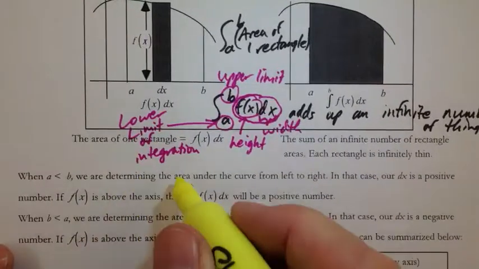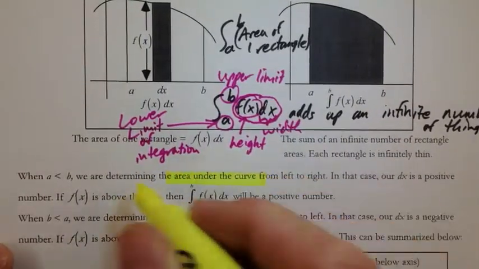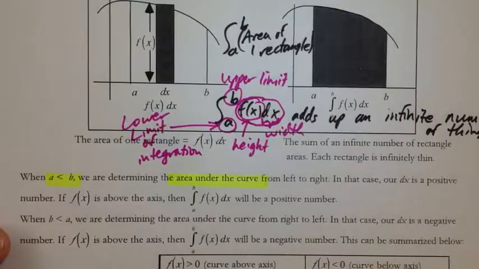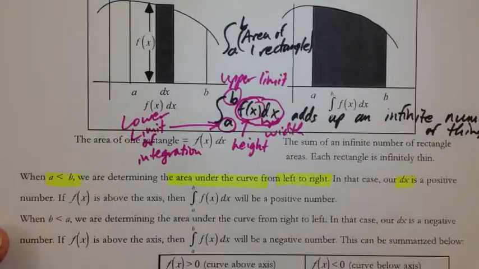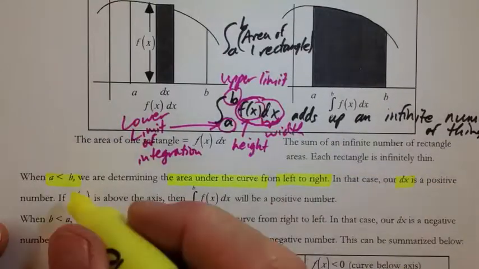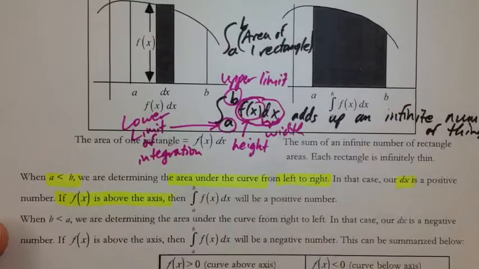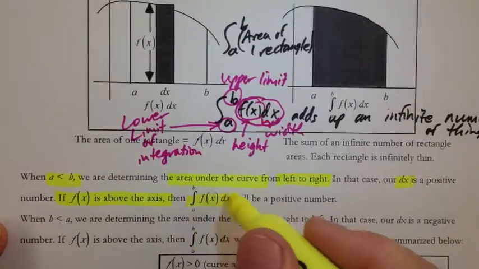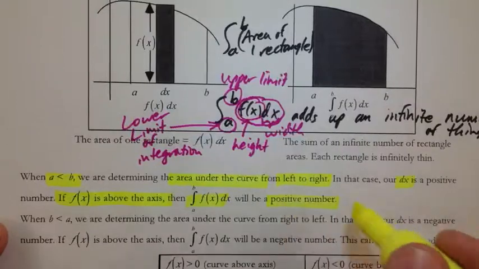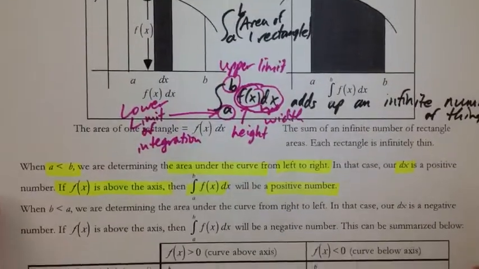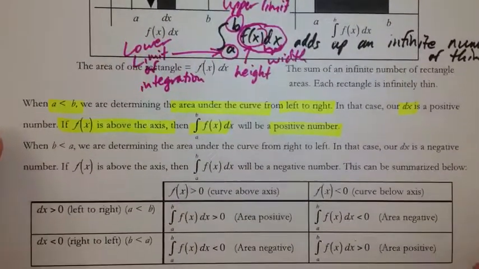When we want the area under the curve, if a is less than b, then we integrate from left to right. In that case dx is a positive number. So if f of x is above the x-axis, then the integral from a to b of f of x dx will be a positive number.